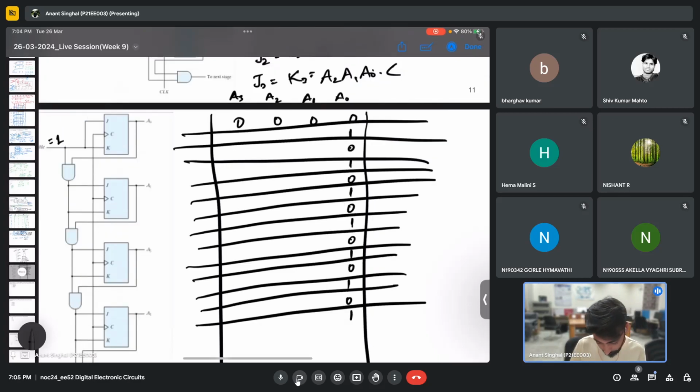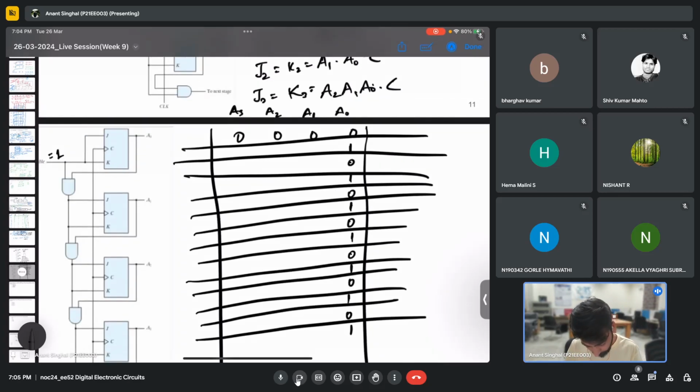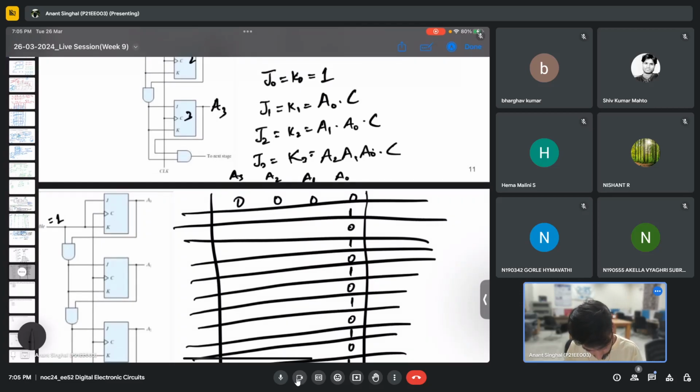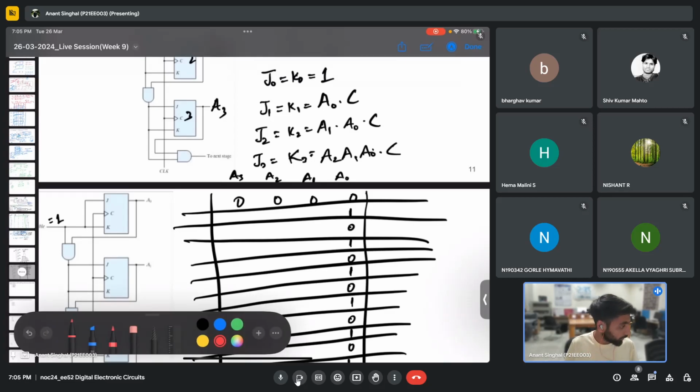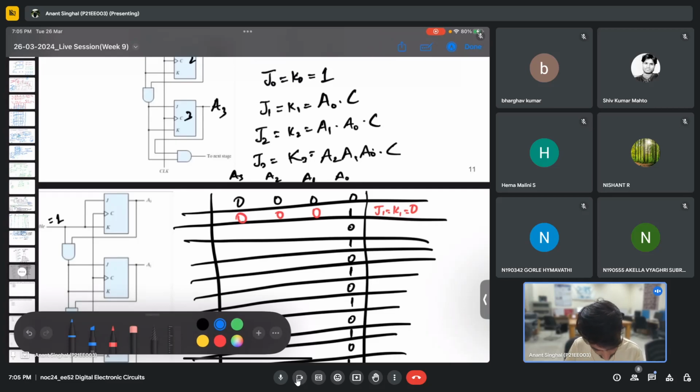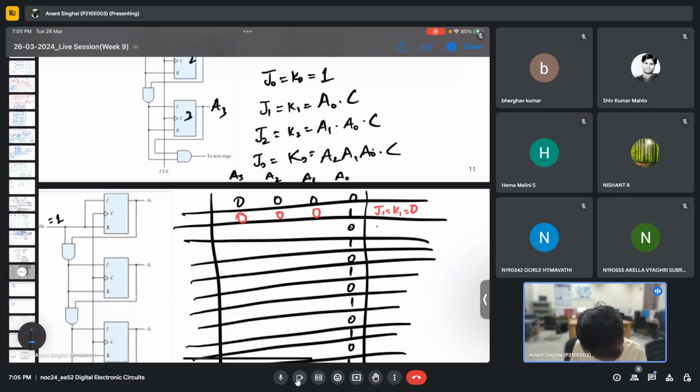Now what I'll try is to calculate A1. A1 will be calculated by J1 K1 here. Previously it was 1, so I am writing each and every state, whatever J and K I'm having. J1 and K1 is 0, so it will remain the same. The rest of them will be 0 because of the AND relation. And then here I have A0 and then C, so this will become 1.